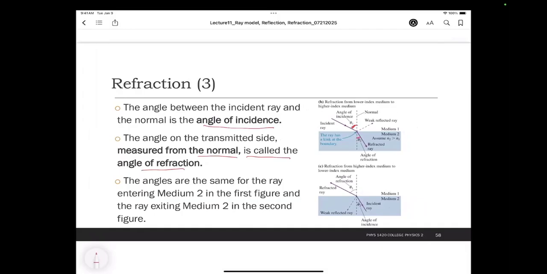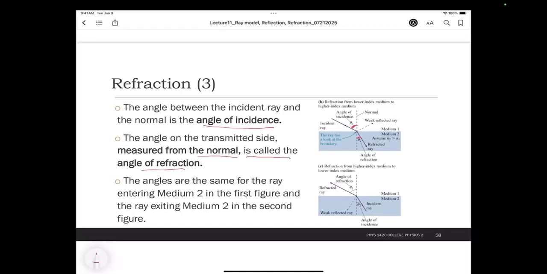The angles are the same for the ray entering medium 2 in the first figure, and the ray exiting medium 2 in the second figure.